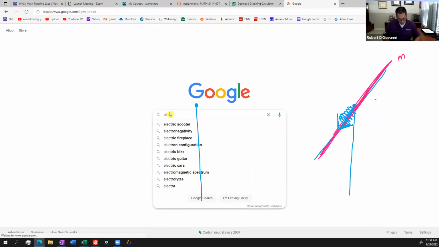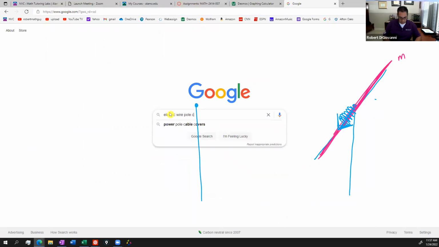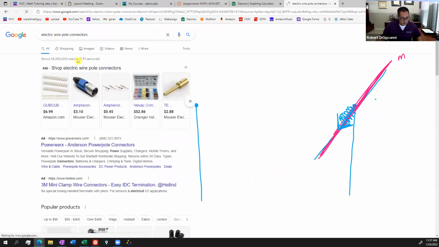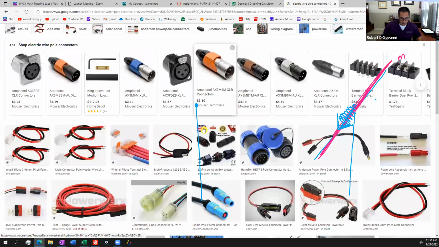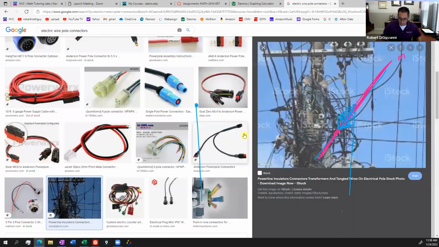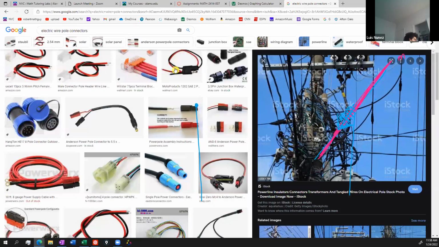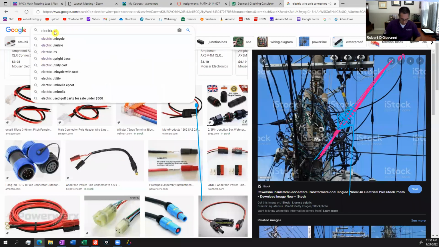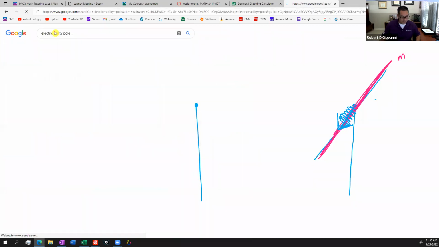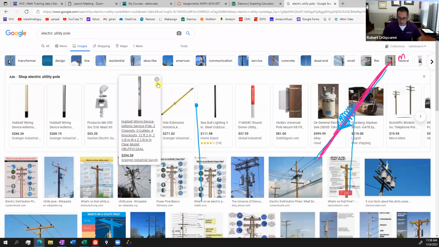Electric wire pole. This is a terrible search. This is not good at all. Just type in electric pole. Yeah. Electric utility pole. We all see it when we drive down the road. There we go.